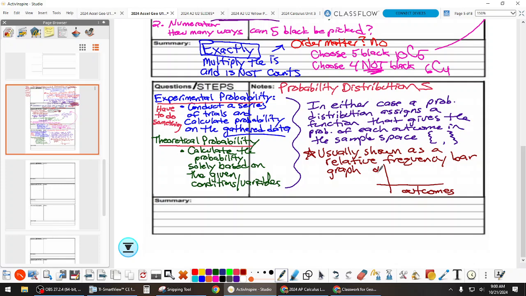Outcomes, percent. I don't like that one. Just do a better job. Okay. Everybody following so far?